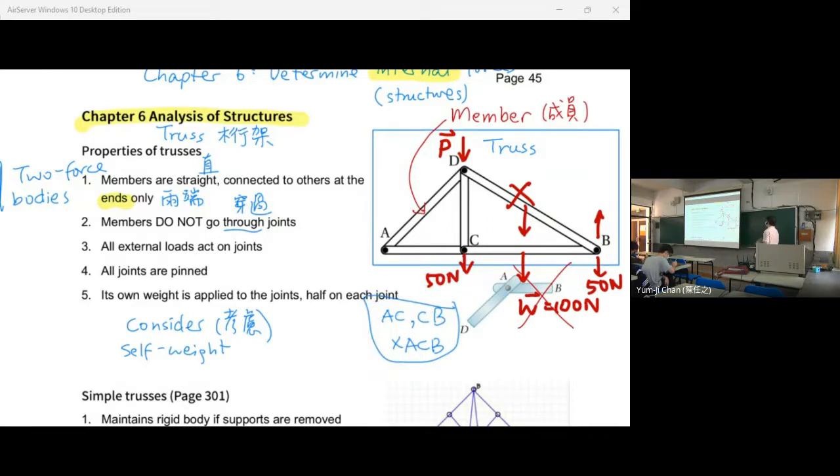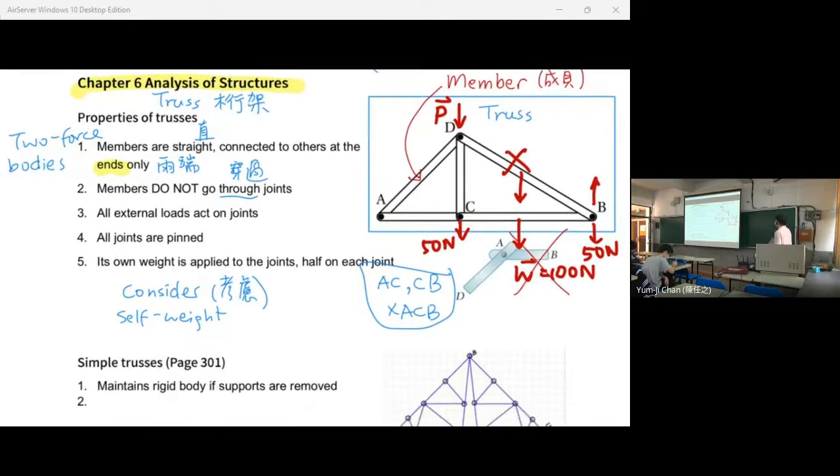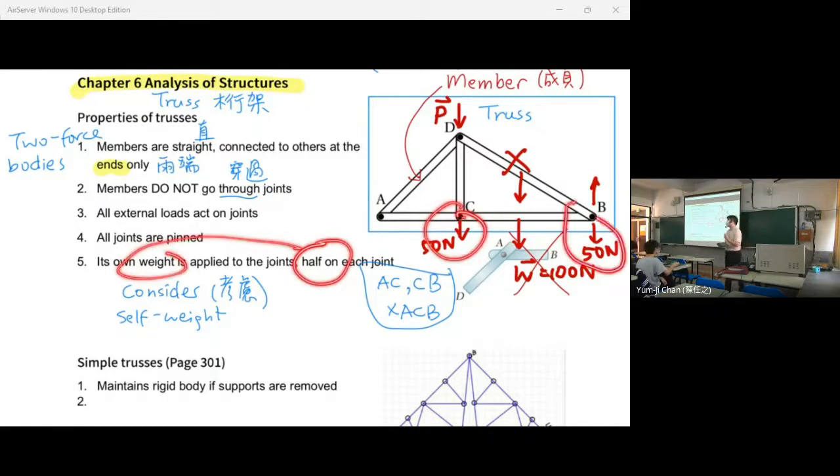If in a question I tell you that it has a weight of like 100 Newton or 200 Newton, you put half of the weight to the left and half of the weight to the right.